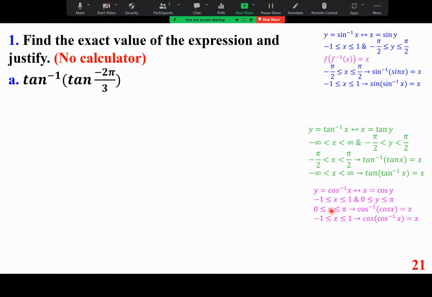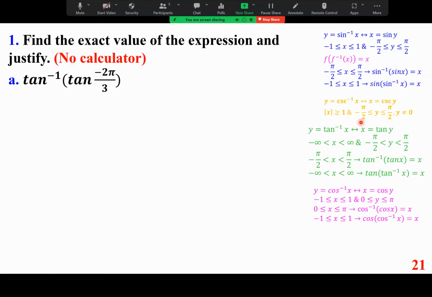So if x is between 0 and pi, cosine inverse of cosine x becomes x. And if x is between negative 1 and 1, cosine of cosine inverse becomes x. Because this is the one that matters. Remember, for cosine inverse, x has to be between negative 1 and 1.